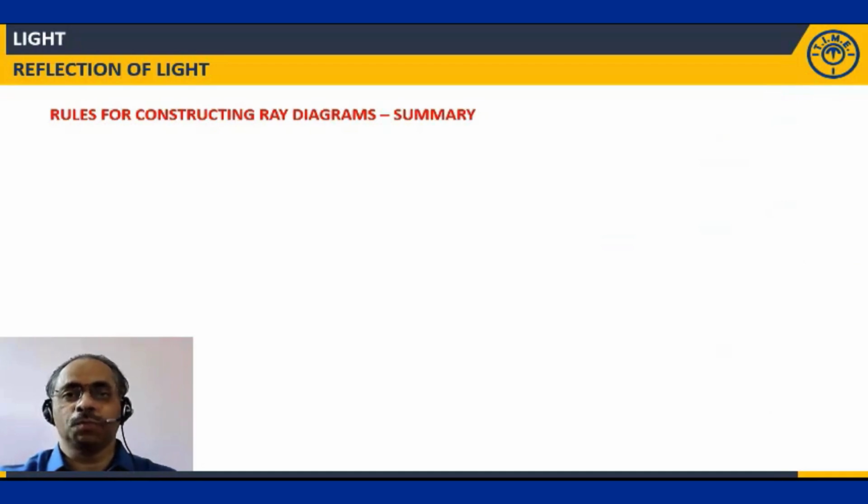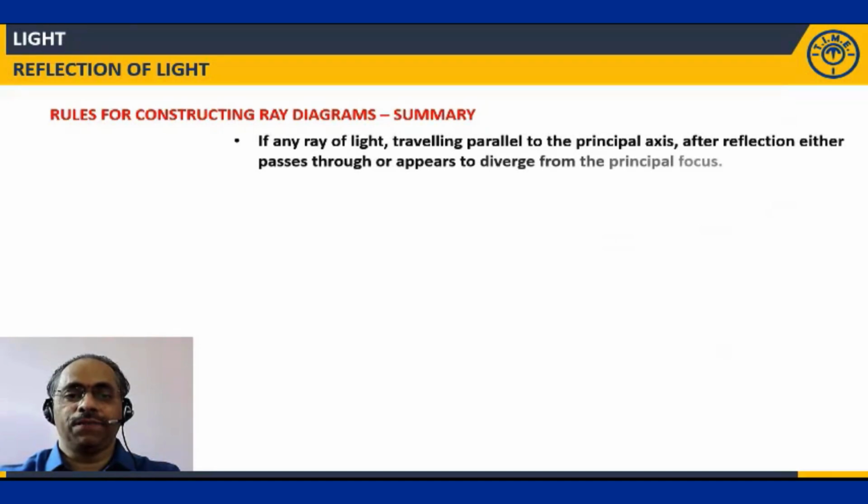Let us summarize those points over here. If any ray of light traveling parallel to the principal axis, after reflection either passes or appears to diverge from the principal focus. They pass through the principal focus in the case of a concave mirror. They appear to diverge from the principal focus in the case of a convex mirror.